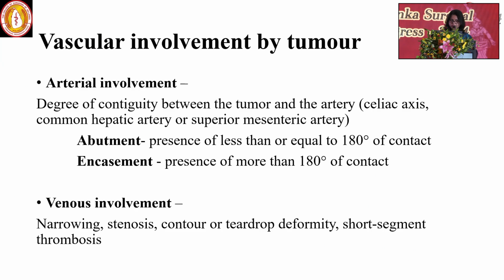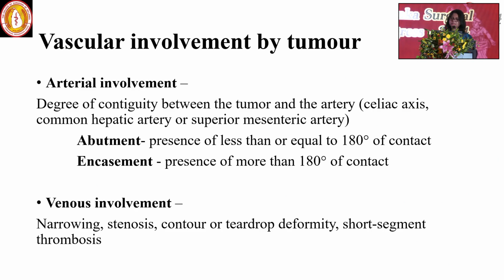When you consider the vascular involvement, you have to always check the tumor and the contact surface of the vessel. If the tumor contacts less than half the circumference of the vessel, that is less than 180 degrees, we call it abutment.